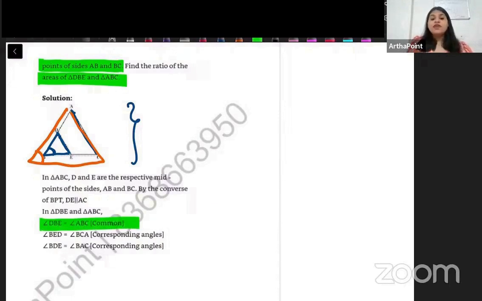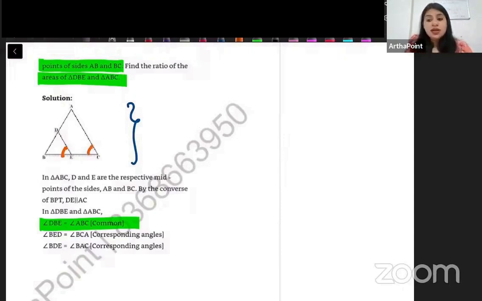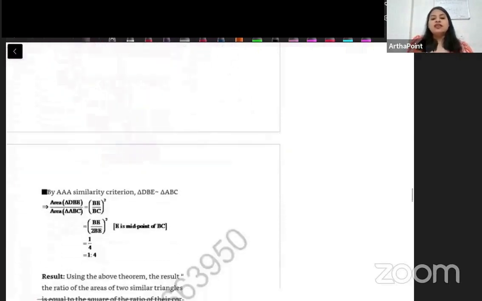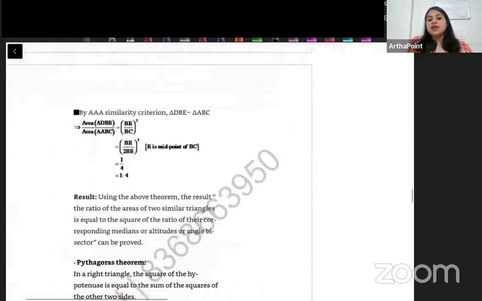And we know that angle BED must be equal to angle BCA. These are corresponding angles. So corresponding angles have to be equal. And this must be equal to this. So we have now that these two triangles are similar.